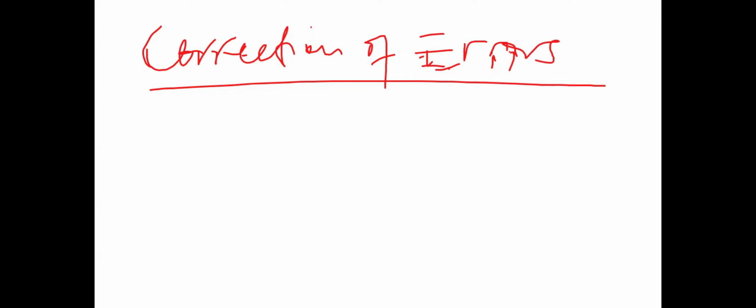That's why I can't say that this error can be corrected in such an area, or that one in this side. But I can give you the general way of how errors can be corrected in the bank reconciliation statement.